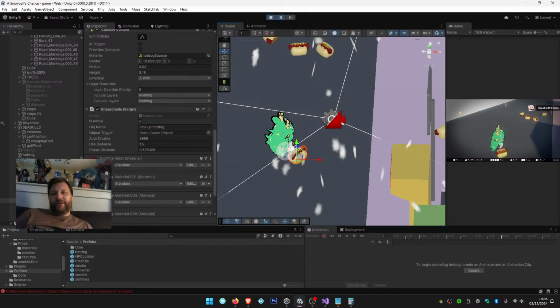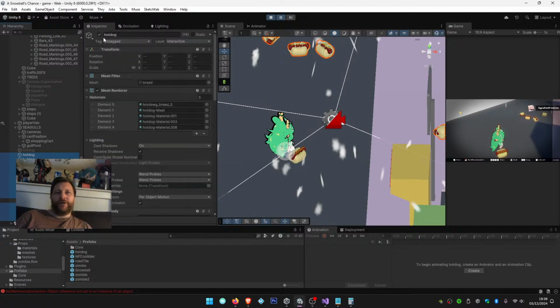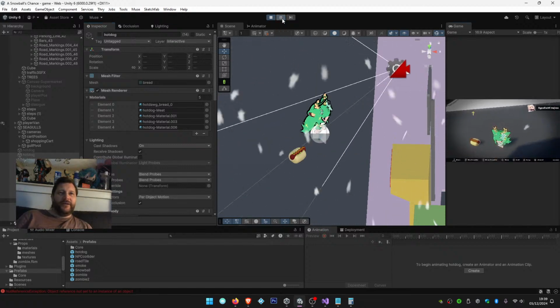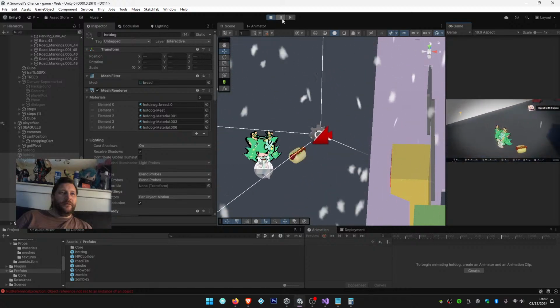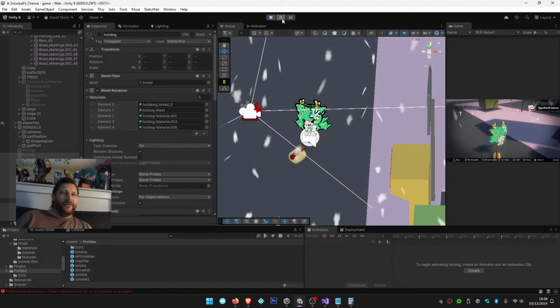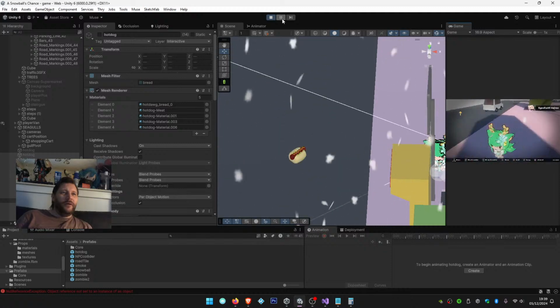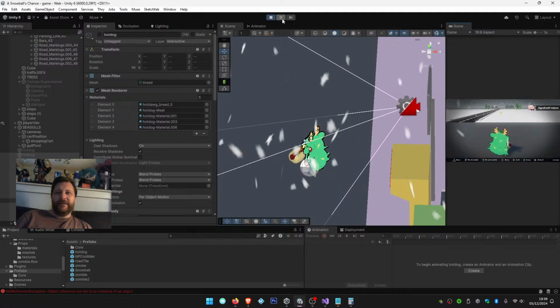So let's try something, right? This is the naughty hot dog, and the rest of them are working. So it's the fifth hot dog up from the bottom. That one. If I turn all the other hot dogs off, let's say we pick the other hot dogs up, does it then start working? Interestingly enough, no. What is happening then?